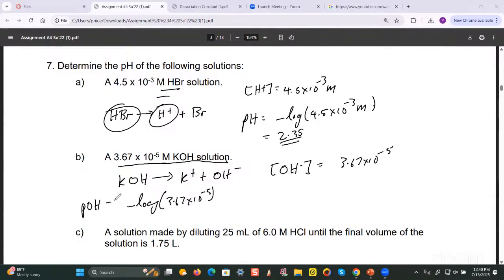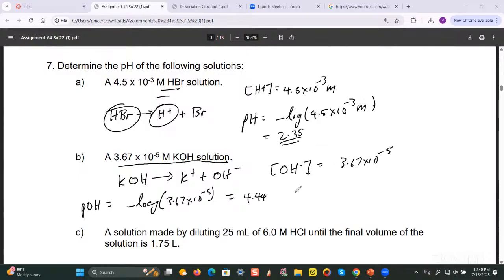Okay, but the question is asking for the pH. So let me work this out first. 3.67 times 10 to the minus 5, and then I find the log of that and put a minus in front. So 4.44 is the pOH, but the question is asking for the pH. So yes, ma'am, 14. Exactly.